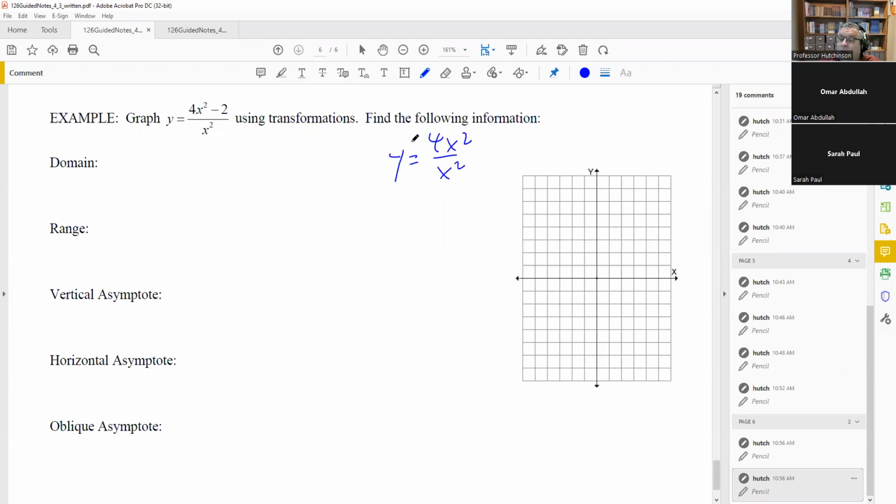We're going to divide everything by the denominator. So we take and divide both of these. We get 4 minus 2 over x squared. Or we can also flip the order around and do y equals -2 over x squared plus 4.